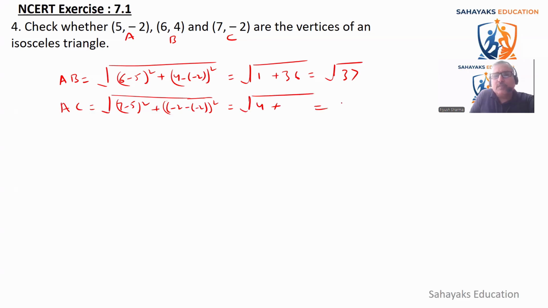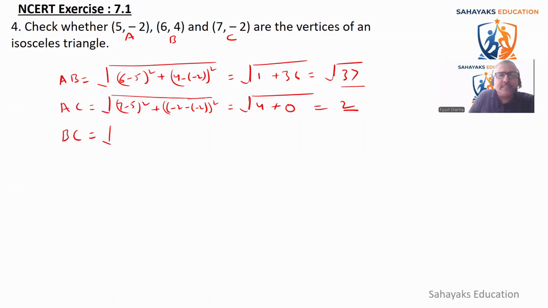So it's the square root of 4, which comes out to be 2. Then we'll find out the value of BC. If BC comes out to be either 2 or square root of 37, then we can say that this is making an isosceles triangle.